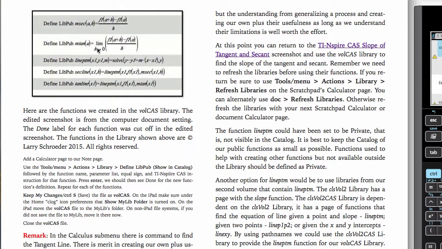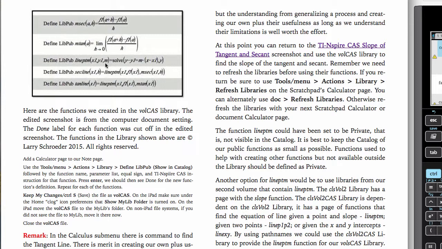We define the tangent line slope as the limit as x approaches this. Then we have a formula for lines, y minus y sub 1 equals m times x minus x sub 1. And if we solve this for y and put in x sub 1, y sub 1, and m, we can come up with the point slope formula for a line.